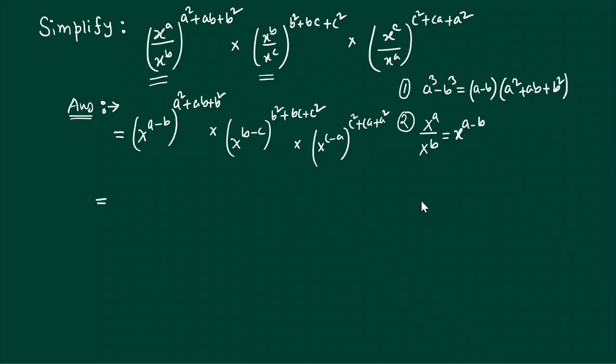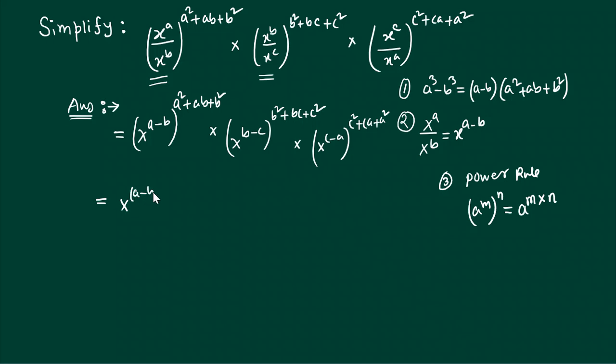Now in the second line, we use another identity called the power rule, which is (a^m)^n = a^(m×n). So in this case, we multiply (a − b) times (a² + ab + b²).